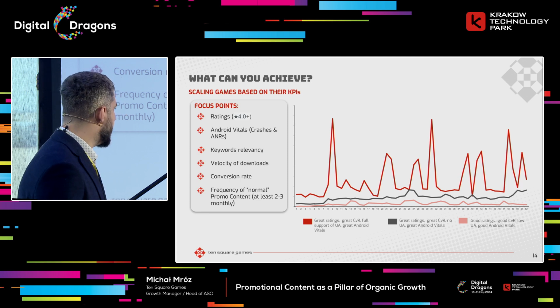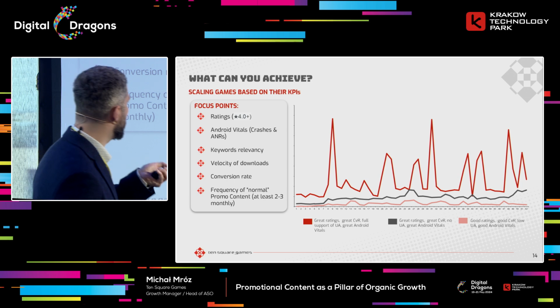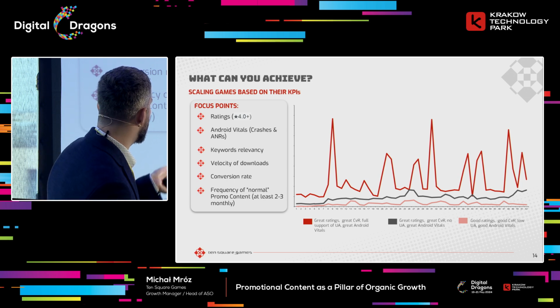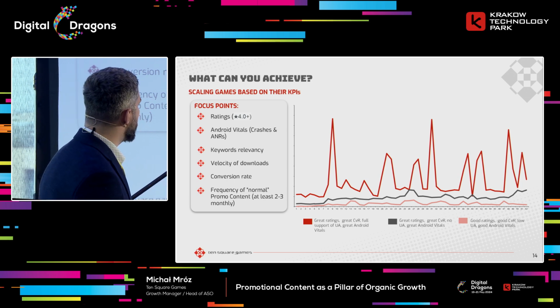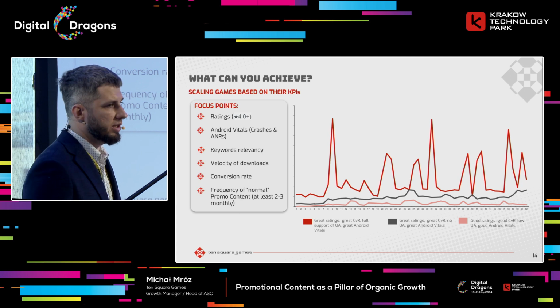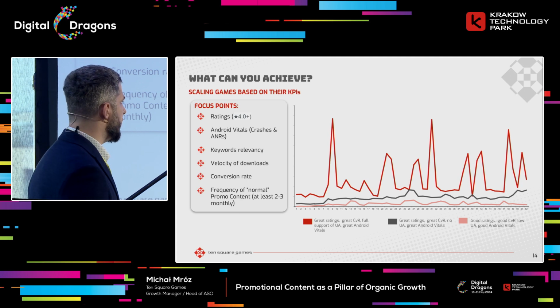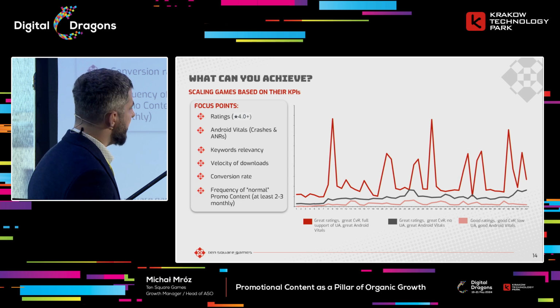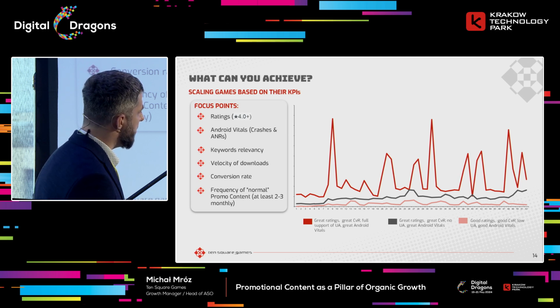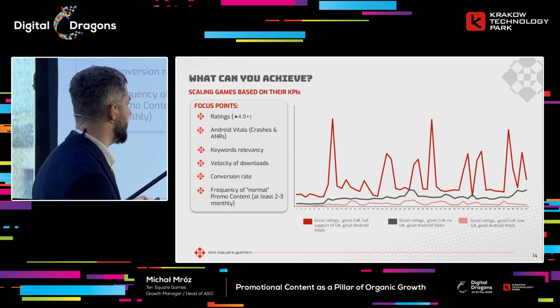Then we have a black line that is quite a bit below. This kind of game is also of great quality. It also has very good ratings and no issues with Android Vitals, but the velocity of downloads is much lower, also because we don't have any paid acquisition here.